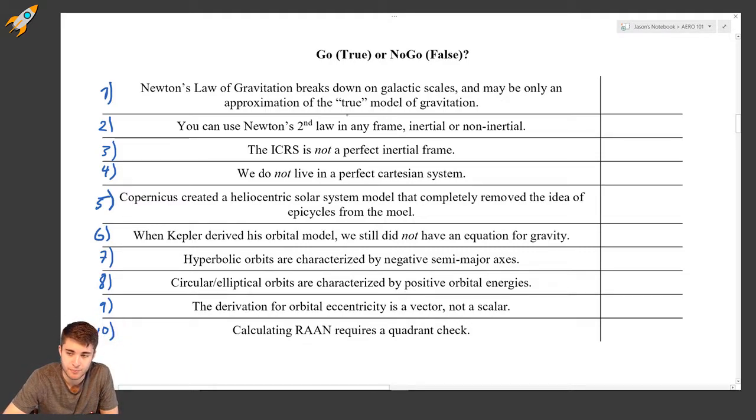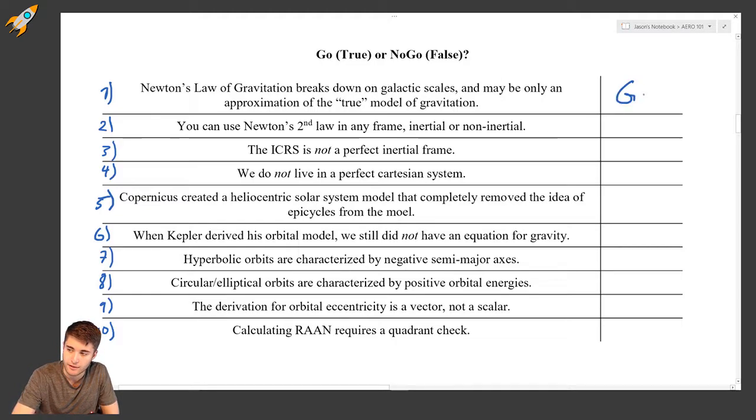Newton's law of gravitation breaks down on galactic scales and may be only an approximation of the true model of gravitation, right? And we had already determined that 1 is a go.